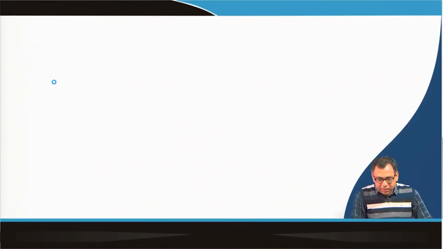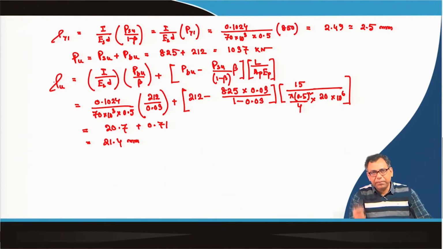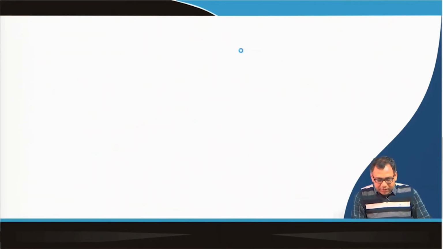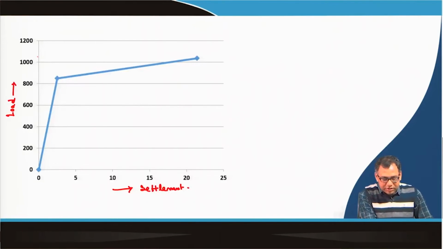Similarly, the total pile load carrying capacity, the tip resistance plus base resistance, is 1037 and the total settlement is 21.4.